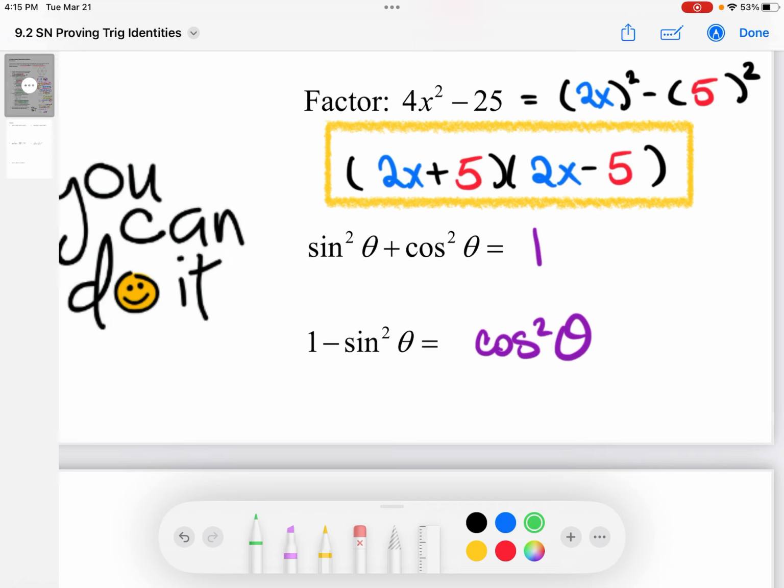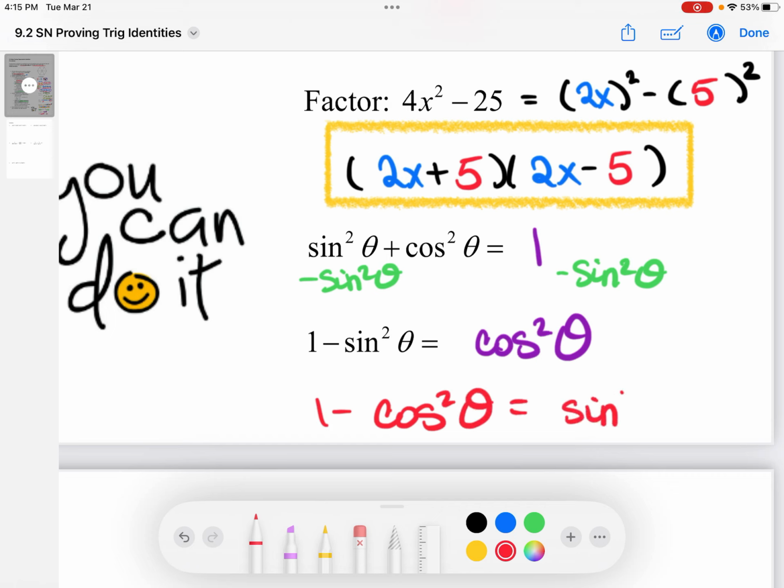What we did here was subtract sine squared theta from both sides of that original identity. Okay, also 1 minus cosine squared theta is equal to sine squared theta. So those can help with sines and cosines, especially when you have squared terms.